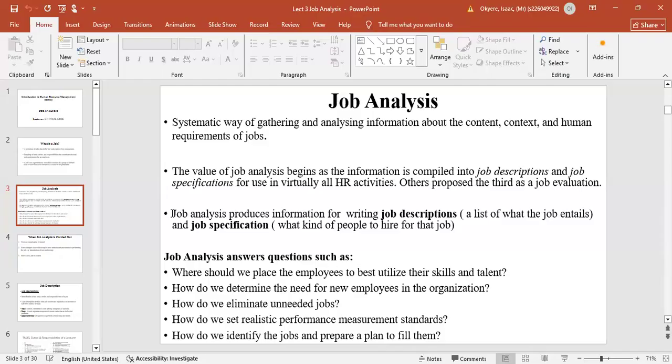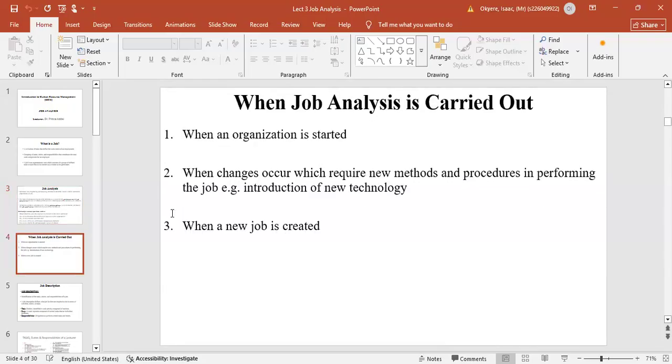That is what job analysis answers. So we know the type of questions that job analysis should provide answers to.